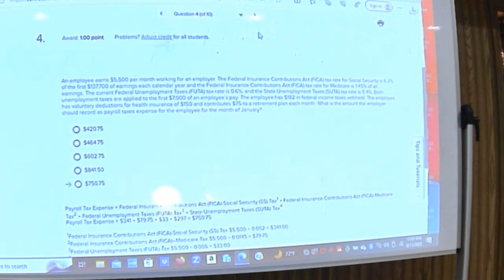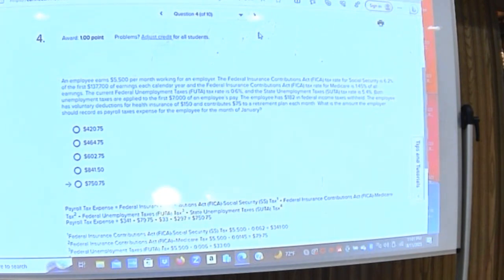Once again, it gives you all that information regarding FICA and FUTA and SUTA. That's getting pretty repetitious. But in addition to those deductions from gross pay, this employee is taking out some voluntary deductions. The first one is for health insurance, and then the second for a retirement plan.